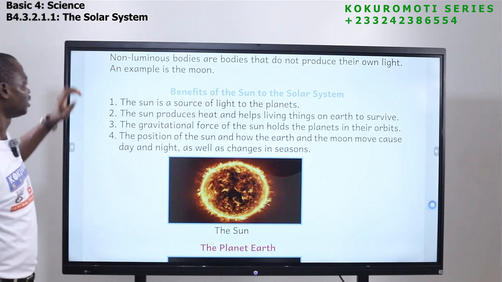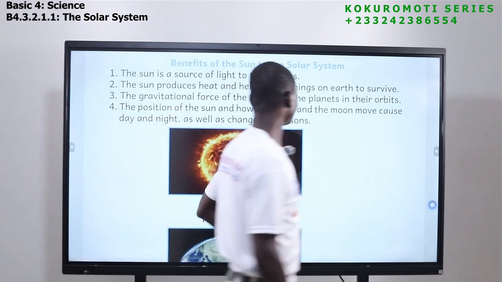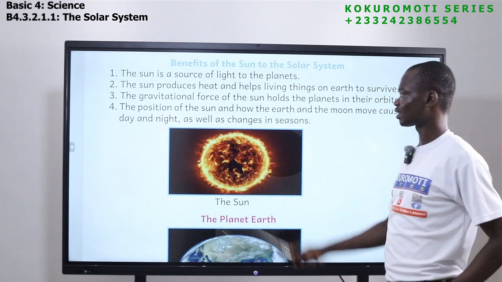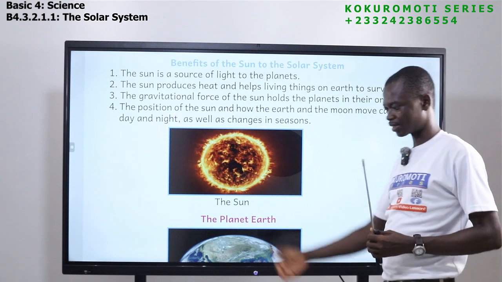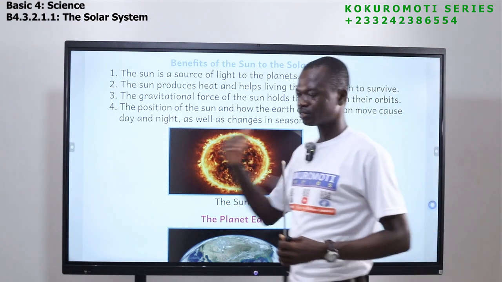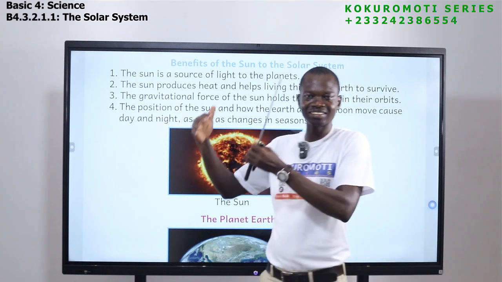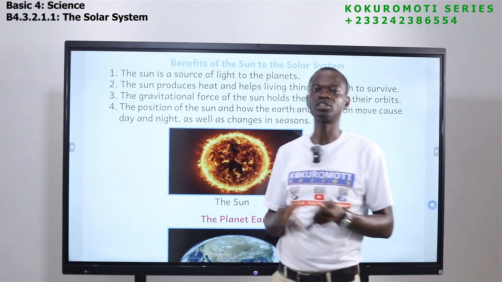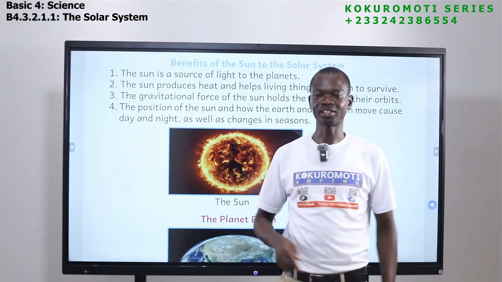The fourth one is that the position of the sun and how the earth and the moon move causes day and night, as well as changes in season. So we have day and night, wet season, rainy season. All these things happen because of how the sun is positioned, how the earth is positioned, and how the moon also is positioned.